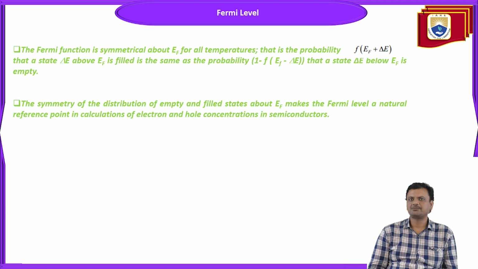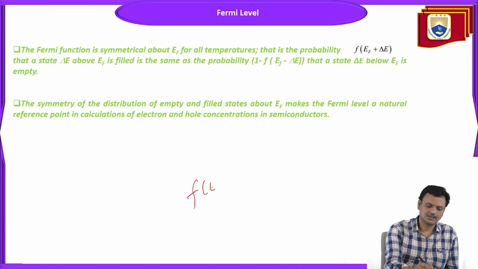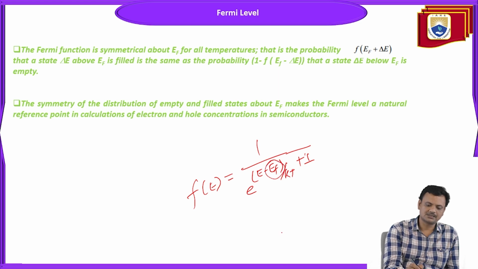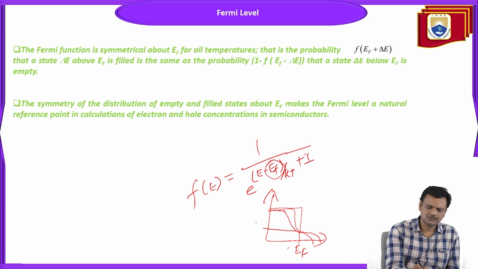The Fermi-Dirac distribution function, or probability distribution function, F of E, which is 1 upon e to the power E minus EF upon KT plus 1, is symmetrical about this energy level EF, where the chance is always 1 by 2.